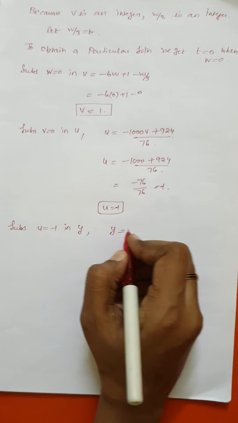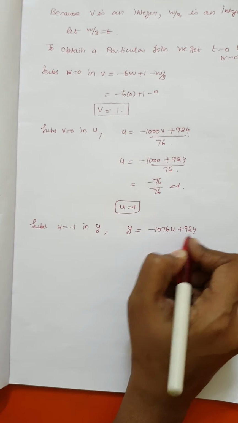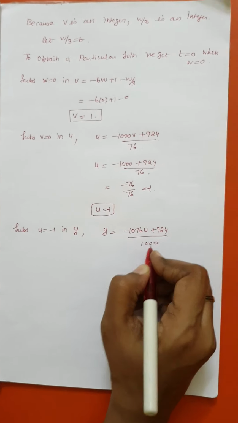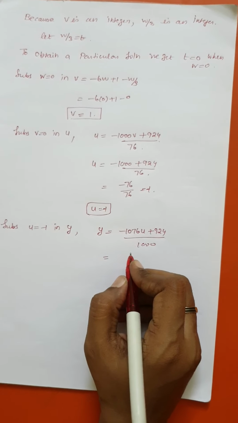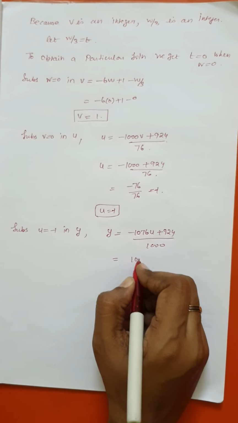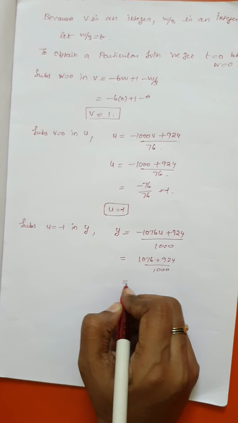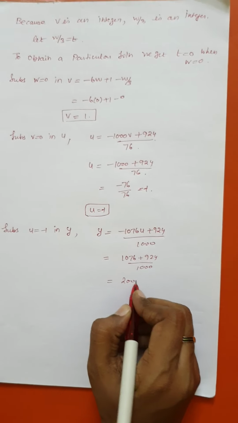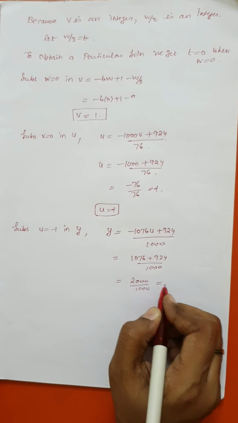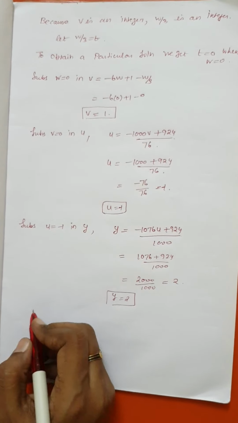We have the y value as minus 1076u plus 924 divided by 1000. Here you substitute u is equal to minus 1. So you will get 1076 plus 924 divided by 1000, so 2000 by 1000. After simplifying, you will get the answer for y as 2.